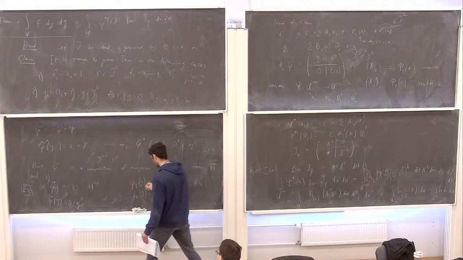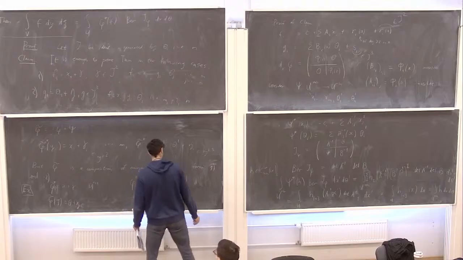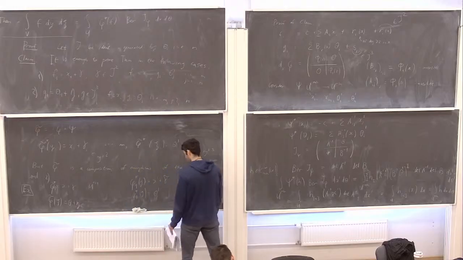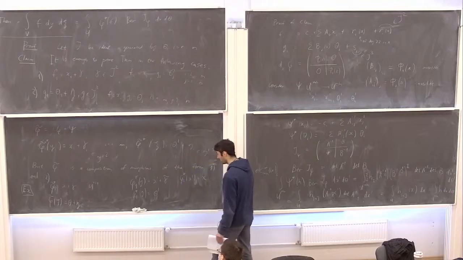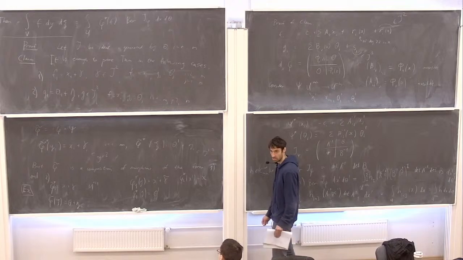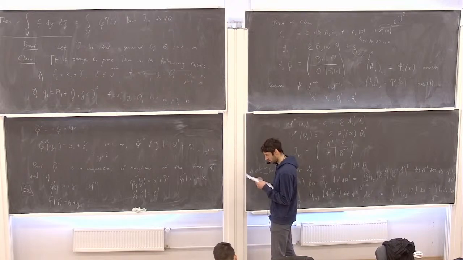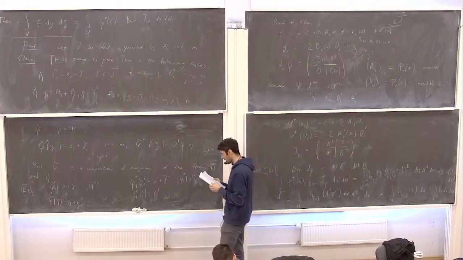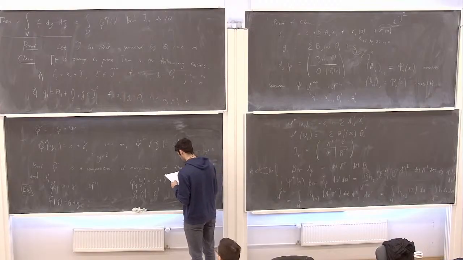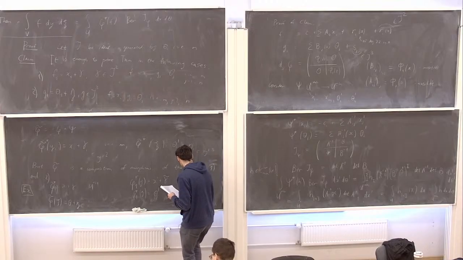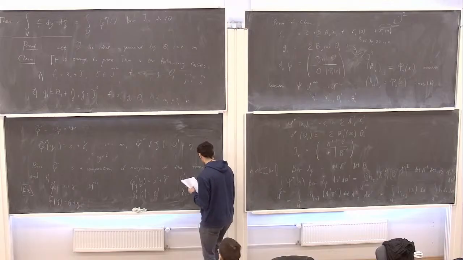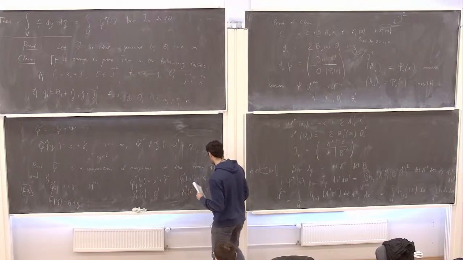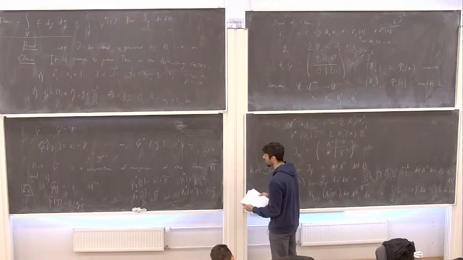Phi 2 star does nothing with x prime, meaning that it maps it back to x. And phi 2 of theta prime gives me theta plus eta tilde. So I need to figure out what is gamma and eta tilde.